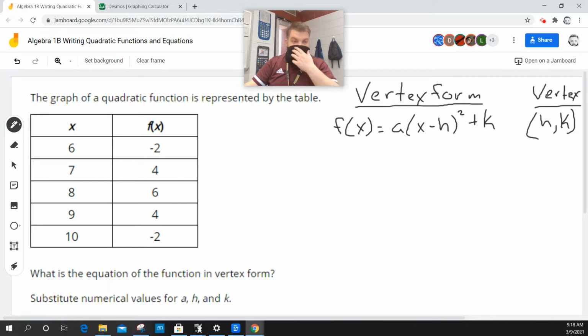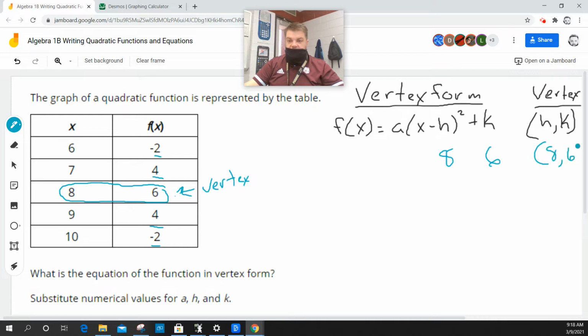Now, I looked for a pattern. I got -2, -2, 4, 4. Uh-oh, 6 all by its lonesome. Guess what this is? This is the vertex. So my vertex then would be (8, 6).